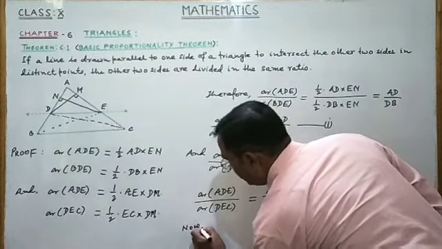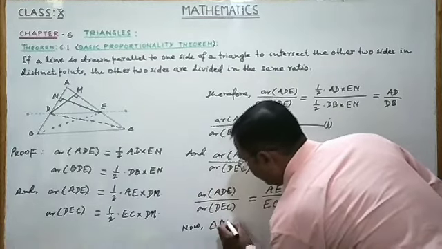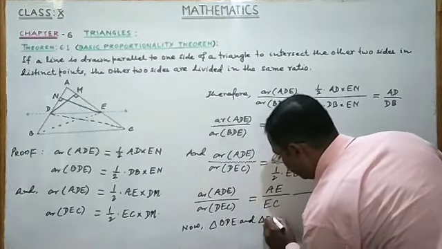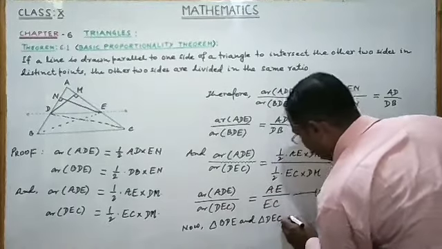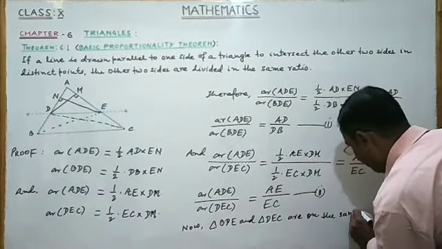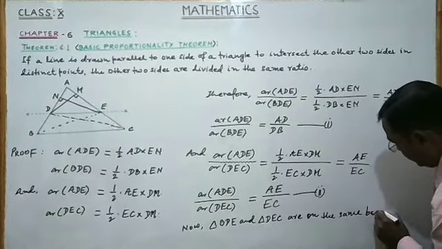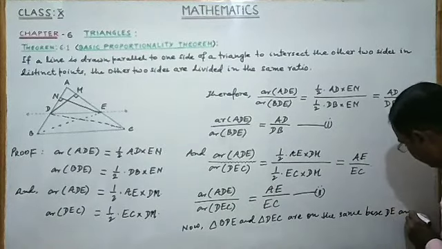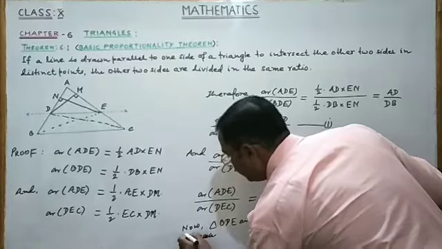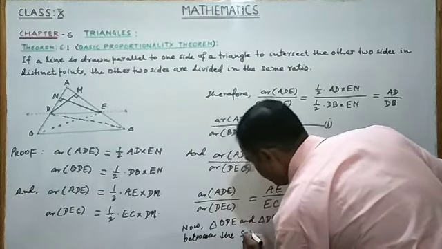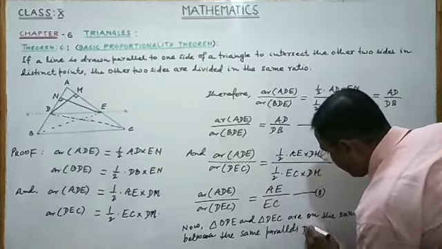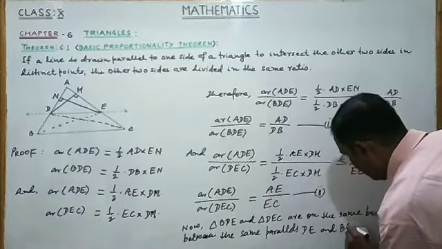Now, triangle BDE and triangle DEC are on the same base DE and between the same parallels DE and BC.